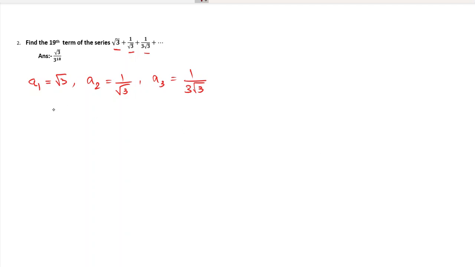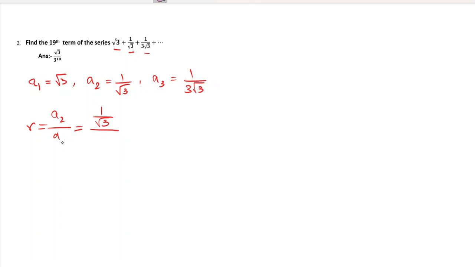Correct? So if you divide the second term by the first term, you can find the common ratio. Second term is 1 by root 3. I'm sorry, I've written second term upon second term.